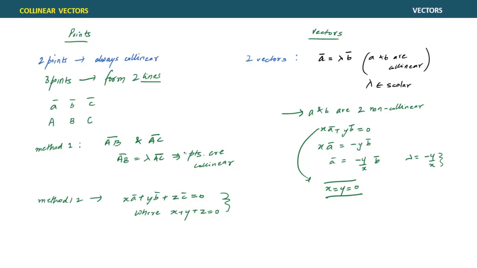So this is the law that you have to remember. For vectors, what you will have to remember is A is equal to lambda B. For points, a linear combination where the sum of the coefficients is equal to 0. If they are non-collinear, then the coefficients must be all equal to 0. This is the important step.